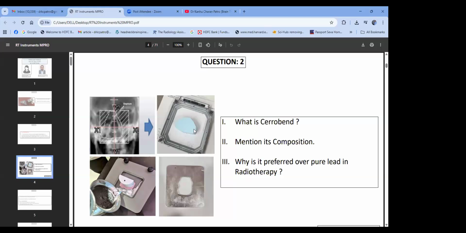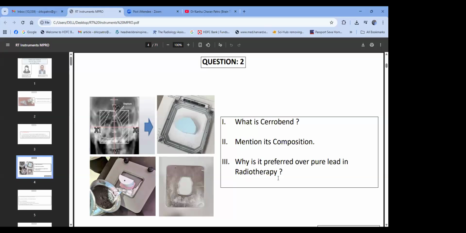The percentages are 50% bismuth, 26% lead, 13.3% tin, and 10% cadmium. This is used in radiotherapy because it's easier to mold and shape Cerrobend into custom blocks. Also, the lower melting point, which is 70 degrees Celsius, allows in-clinic preparation of the custom blocks. It is also less brittle than lead, so it's safer to handle.